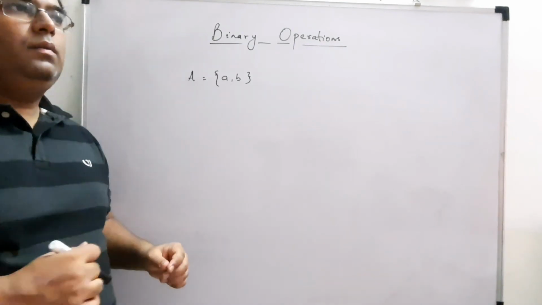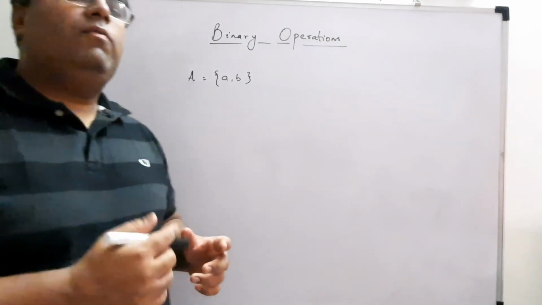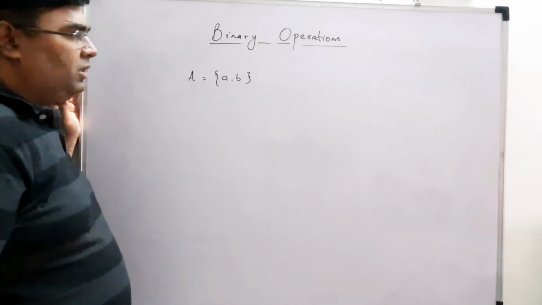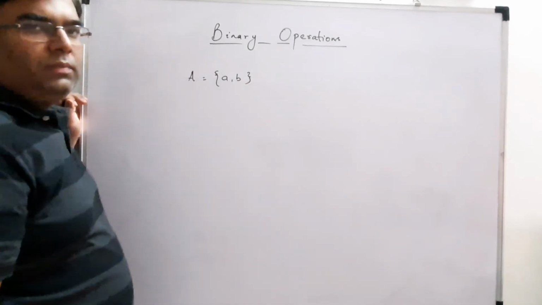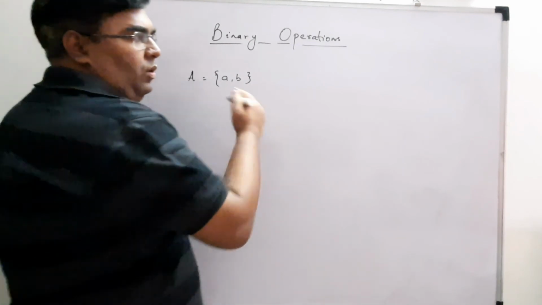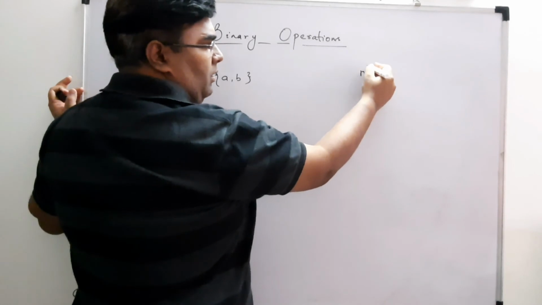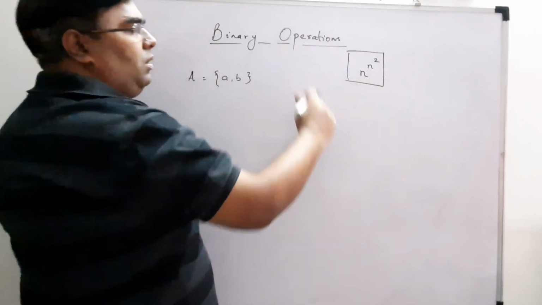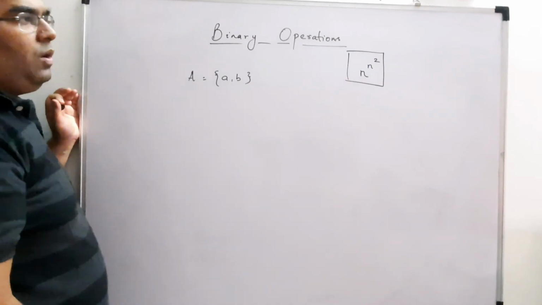Let us solve one example of the number of binary operations on a set A. Suppose the set A includes two elements. You can take any number of elements. My formula was n raised to n square, the number of binary operations.